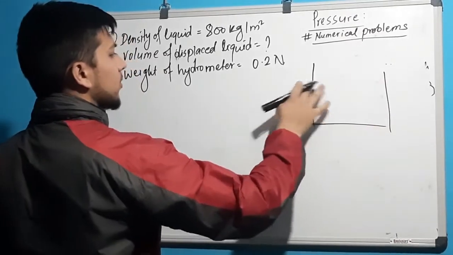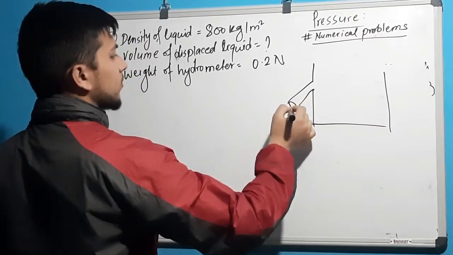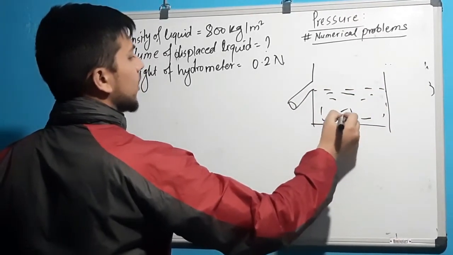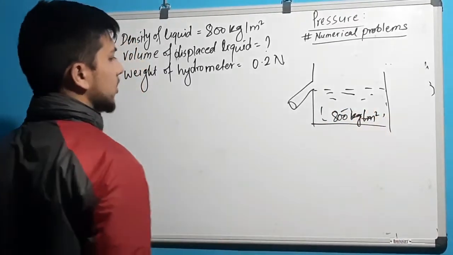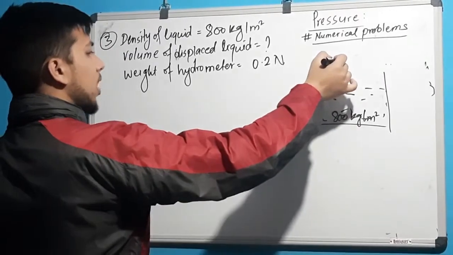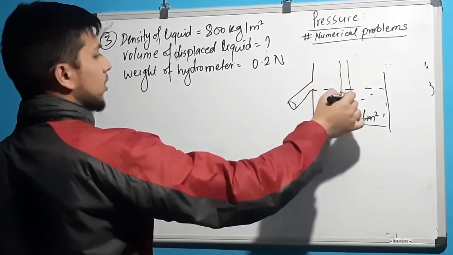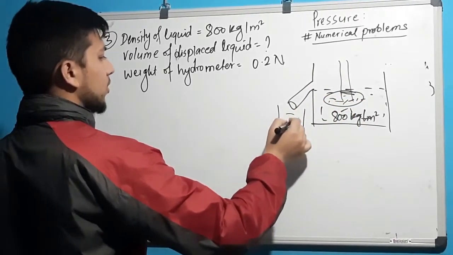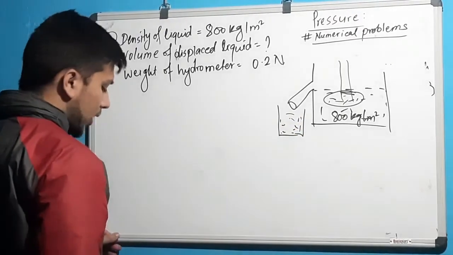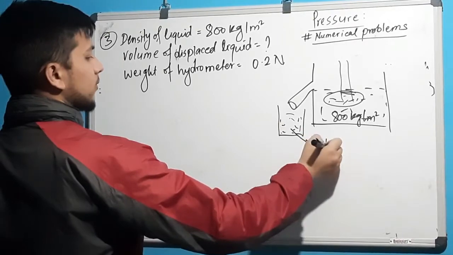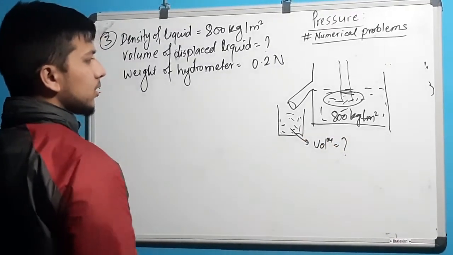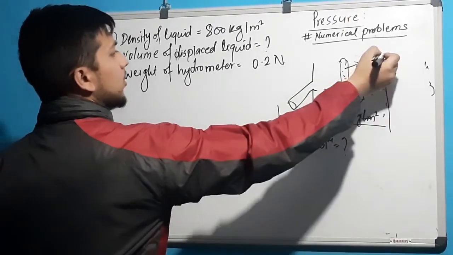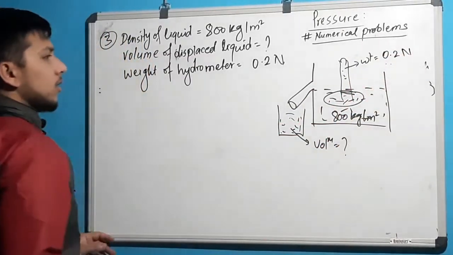There is some water or some liquid whose density is 800 kg per meter cube. And when we dip a hydrometer, what happens? It replaces some volume of water. We have to find how much volume of water it replaces. This hydrometer has a weight of 0.2 Newton. Now solution.